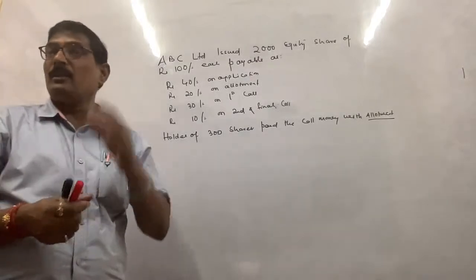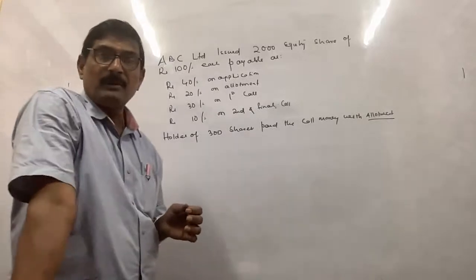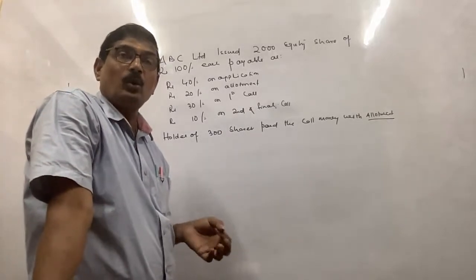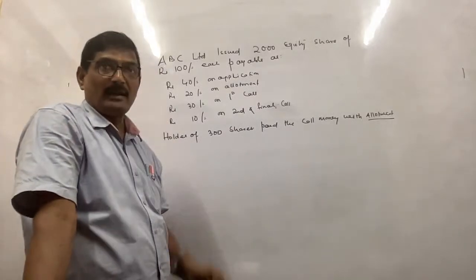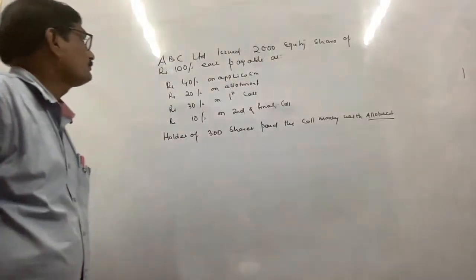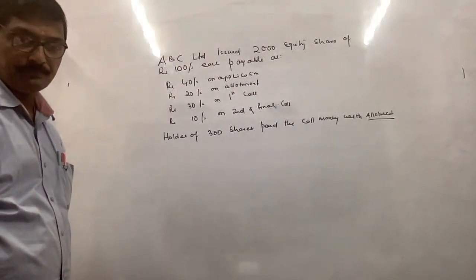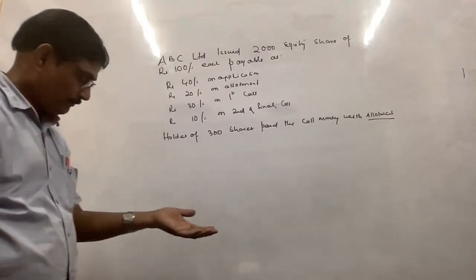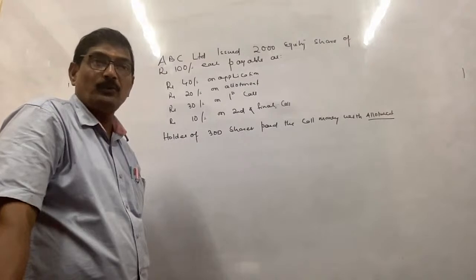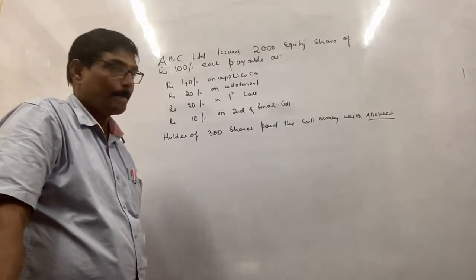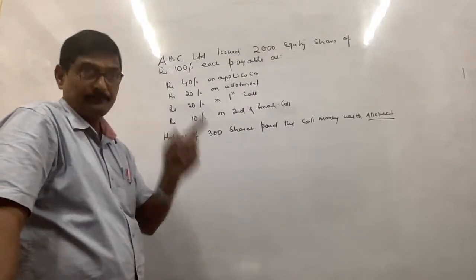For application money due received, the entry will be for application money received. Bank account debited to share application account, normal entry, 2000 into 40, that is 80,000.